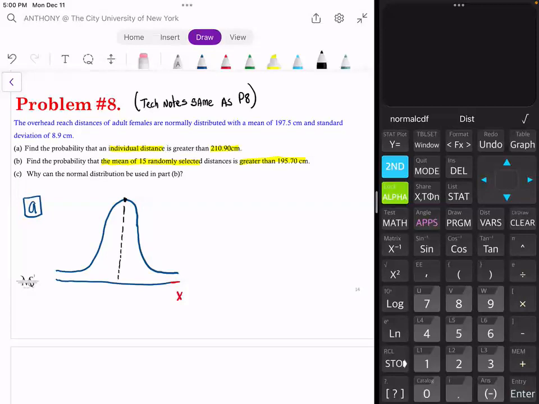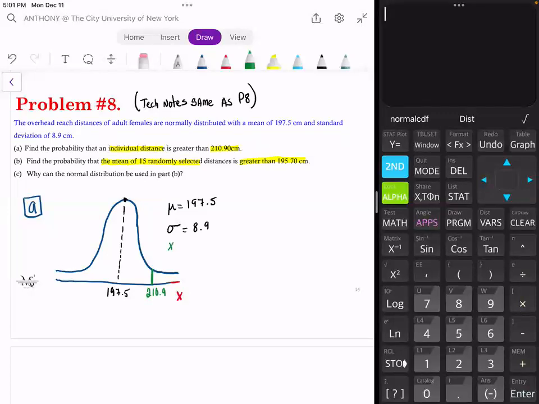So the mean is 197.5. The standard deviation is 8.9. And the value of x is 210.90. So 210 is somewhere here on our graph.